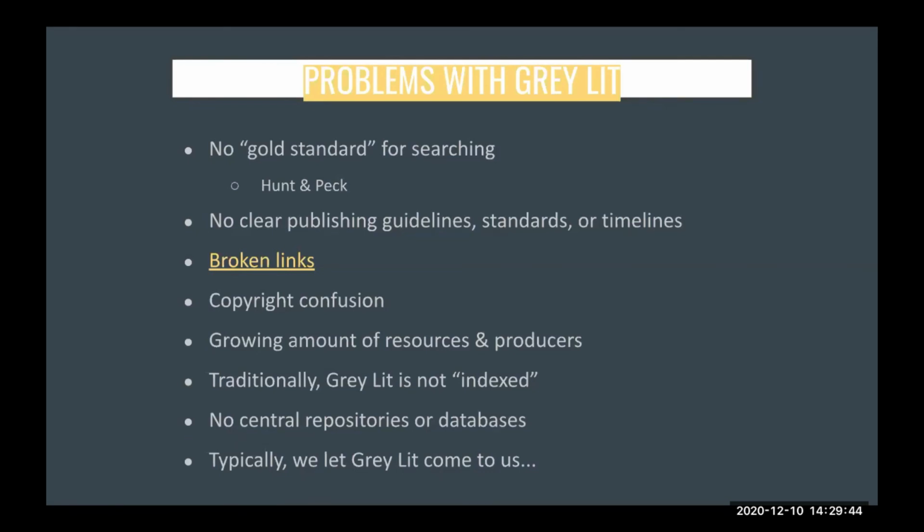And as I said before, we typically let gray literature come to us, which I understand sometimes is the only way. Like, okay, we heard about this organization from our PI. We found this clinical trial that was never published in a reference to one of the sources we're using, and that's great.